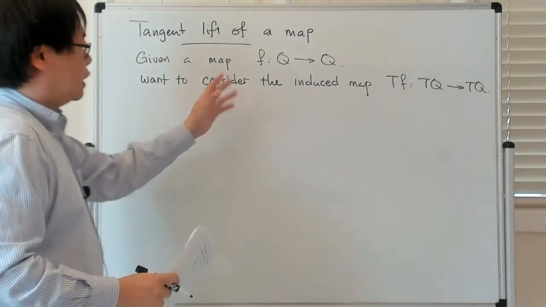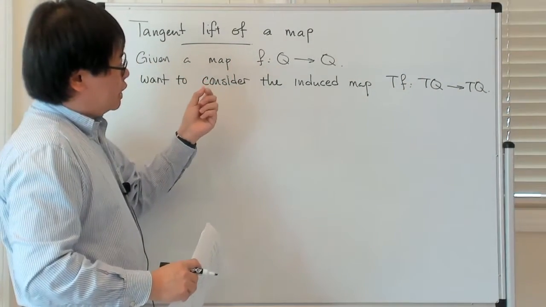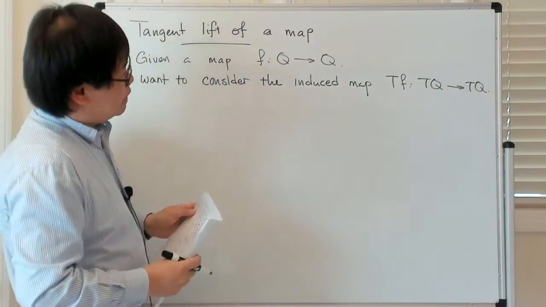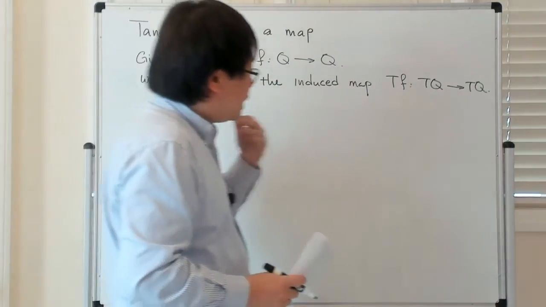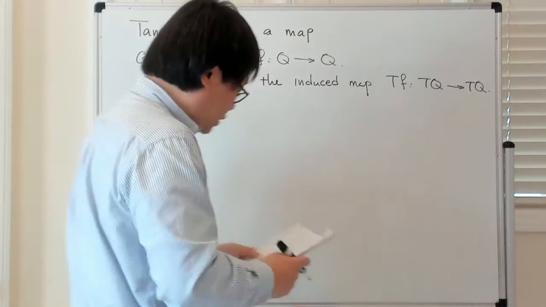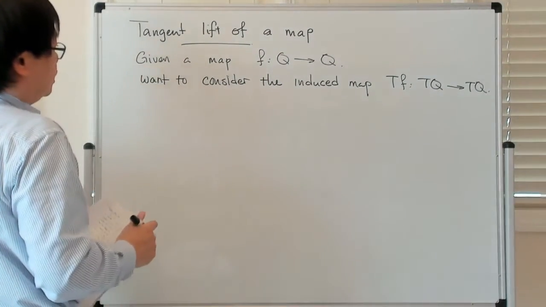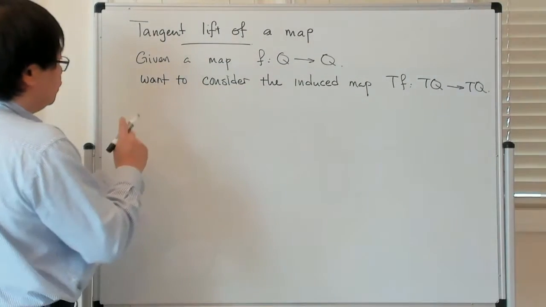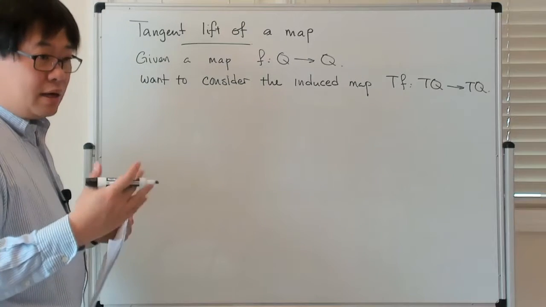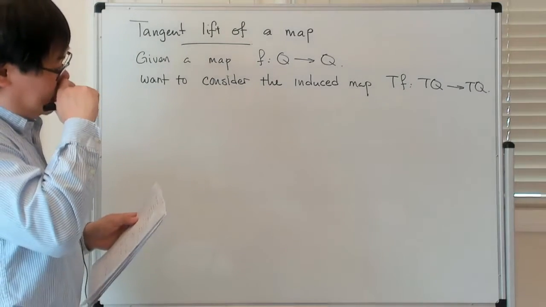The claim is that if you have a map at the level of positions on some manifold, then that induces in a very natural way a map at the level of vectors on the manifold. So how do you do this? First, we have to ask ourselves what we really mean by a vector on a manifold.